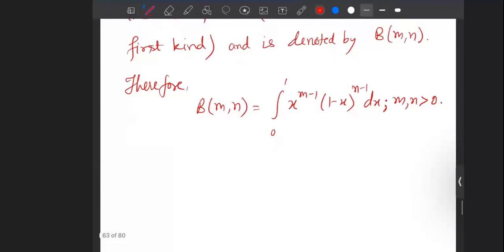This is the definition of the beta function. Now let us discuss some properties of the beta function.